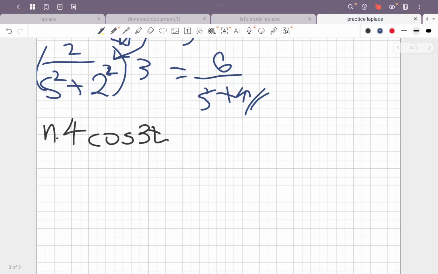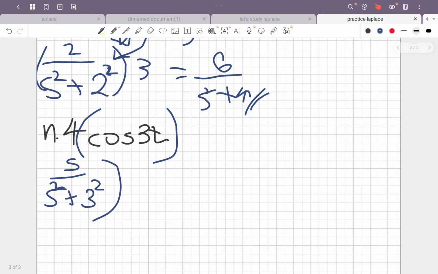Since this is cos, it will be much different from sine. Our numerator will always be an s. Let's just finish this part first, alright? 4 times s equals 4s. s squared plus 3 squared will be 9.